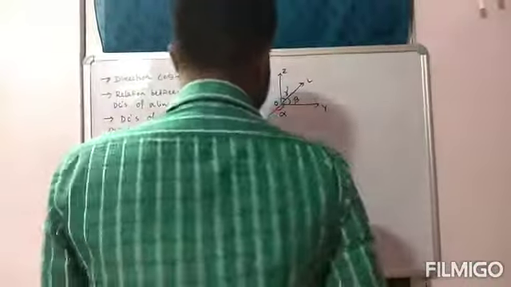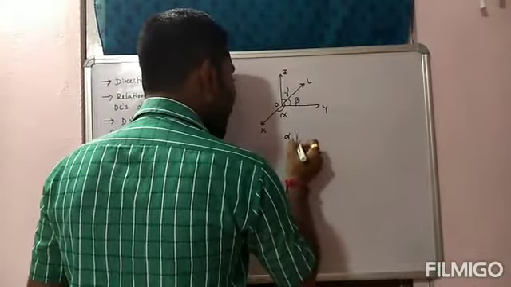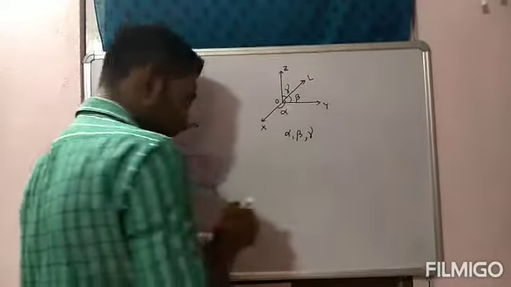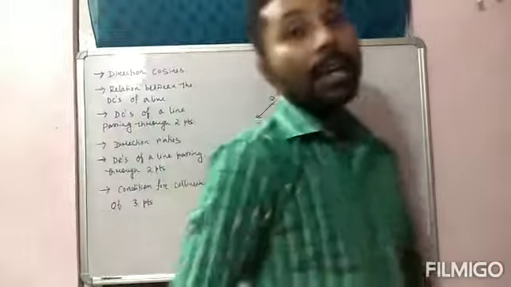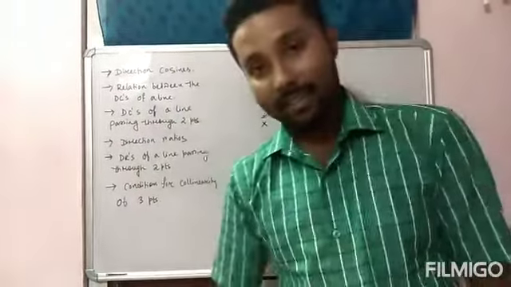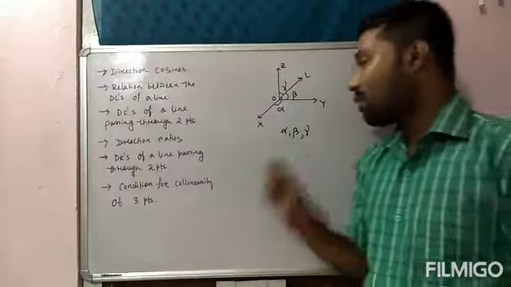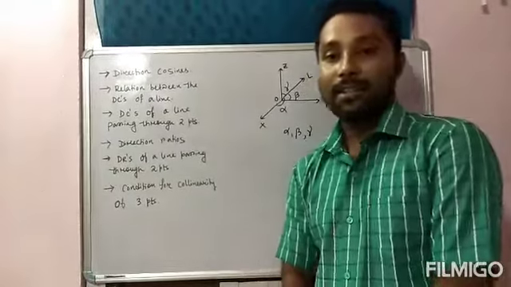So these angles, that means alpha, beta, and gamma, these angles are called what? Directed angles. Okay, these angles are called directed angles.